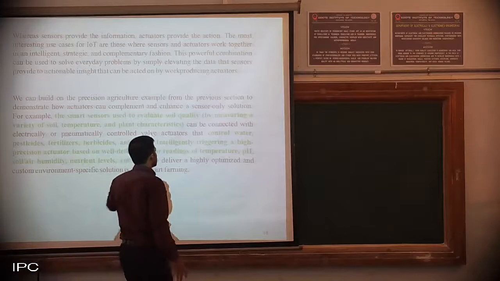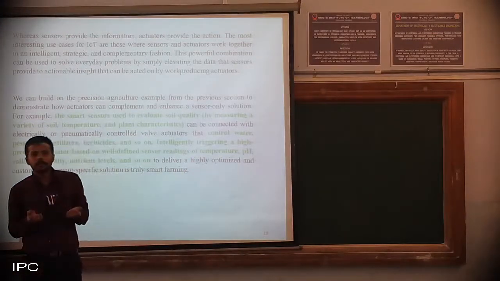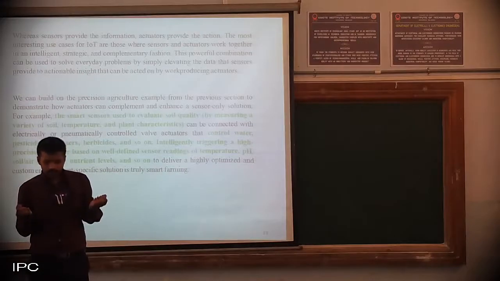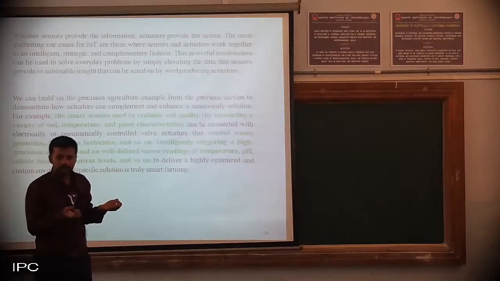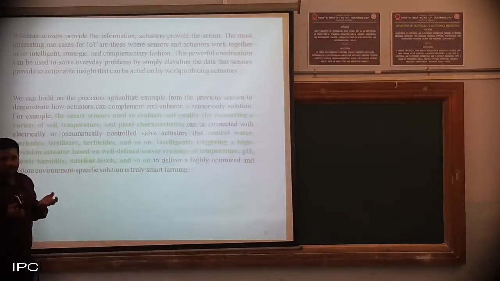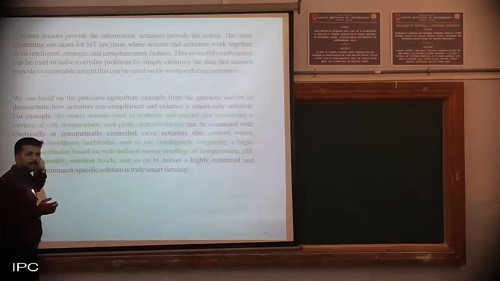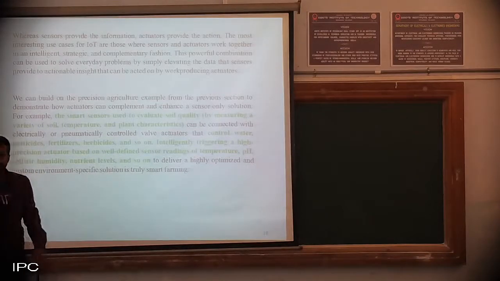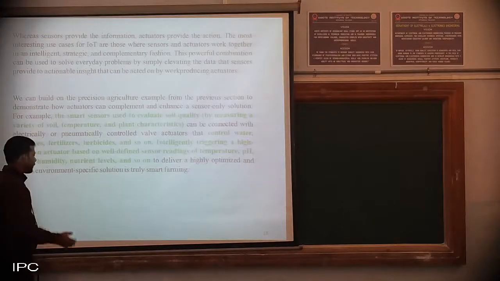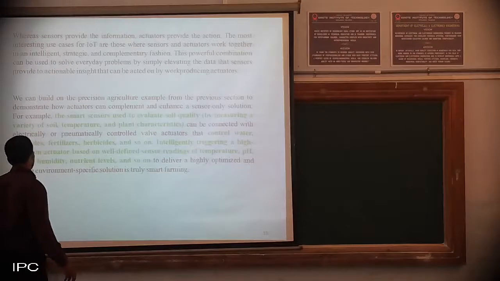Control of water means if more water is to be provided, we can use solenoid valves, operate them, and provide more or less water. Then pesticides: whenever pesticides are required, we can provide them. Whenever fertilizers have to be put, we can put them. If herbicides are required, that also can be provided.